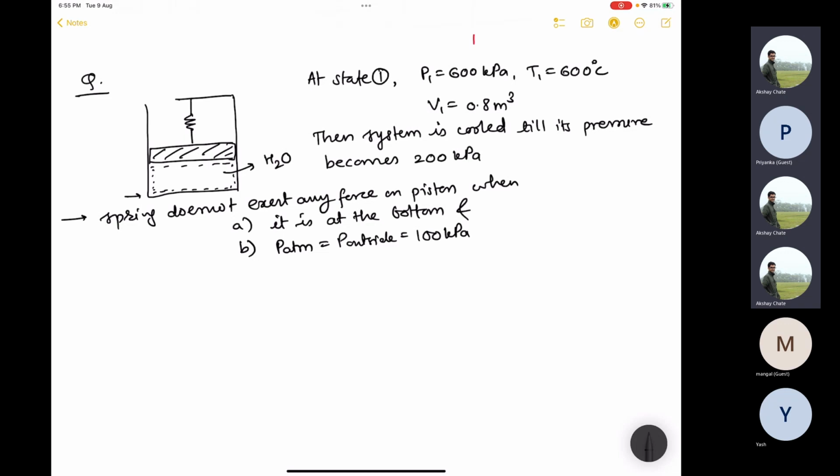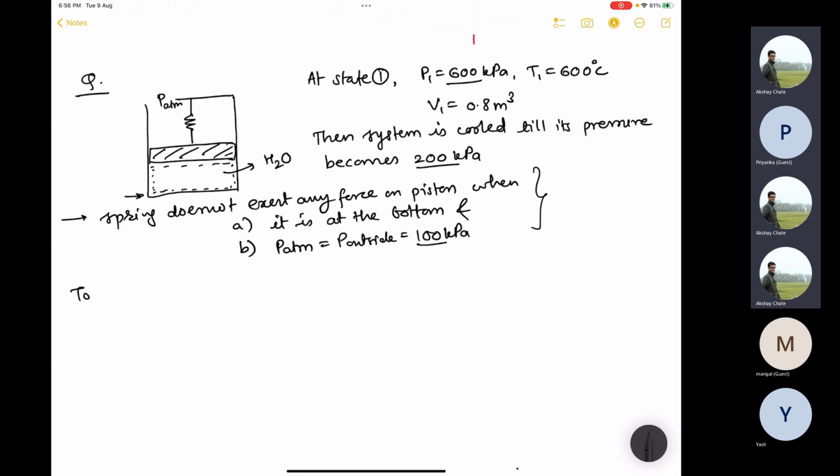But this system is operating at 600 kPa and then coming to 200 kPa. So this assumption, even if it is not given, is irrelevant because we are not reaching 100 kPa or the bottom of the cylinder. So essentially, there will always be some spring force present. You need to solve this question on your own.